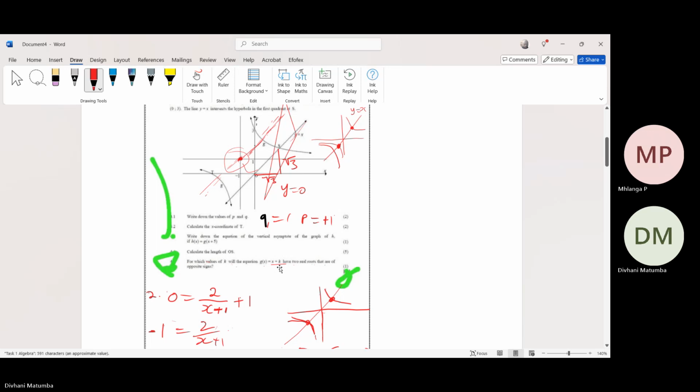So for which value of k, we need to transform our straight line, take off this line and shift it upwards.